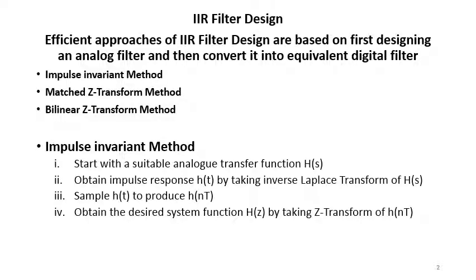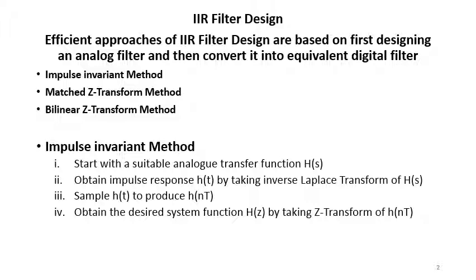So you all understand that one of the most important steps in any filter design is the calculation of the filter coefficients. In the previous lecture, we talked about the calculation of the coefficients using the pole zero placement method.